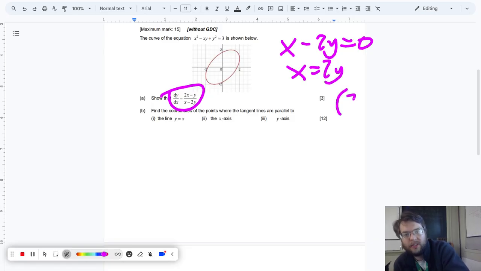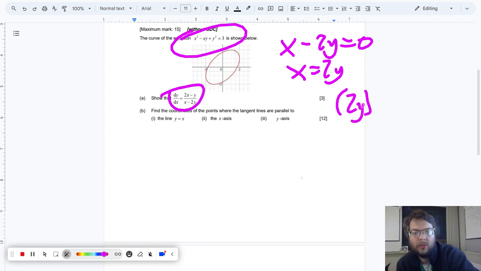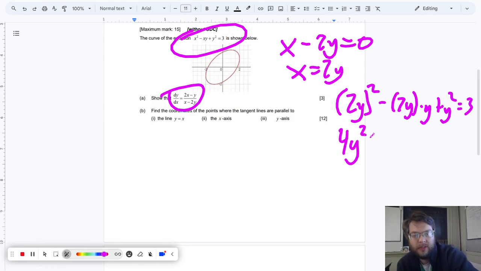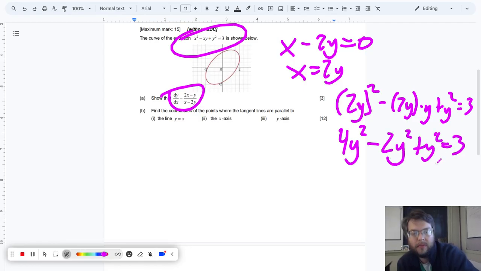We do our substitution into our original equation, 2y squared minus 2y times y plus y squared equals 3. So let's see. 2 squared is 4, so we have 4y squared minus 2y squared plus y squared is 3. That is, I guess, 3y squared equals 3.